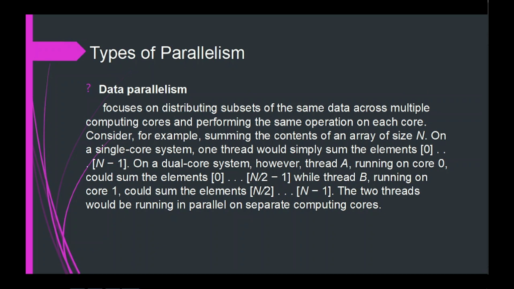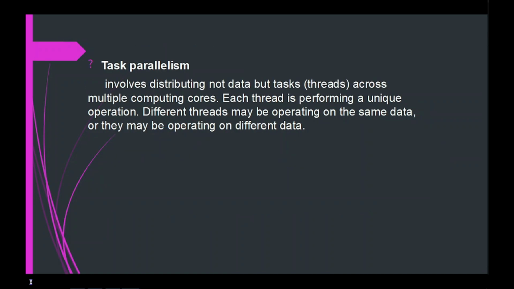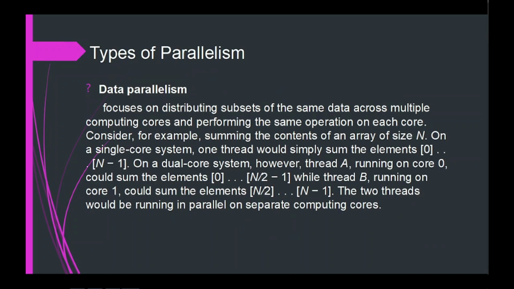So, types of parallelism: data parallelism and task parallelism. Data parallelism focuses on distributing subsets of the same data across multiple computing cores and performing the same operation on each core. Consider, for example, summing the contents of an array of size n on a single-core system.